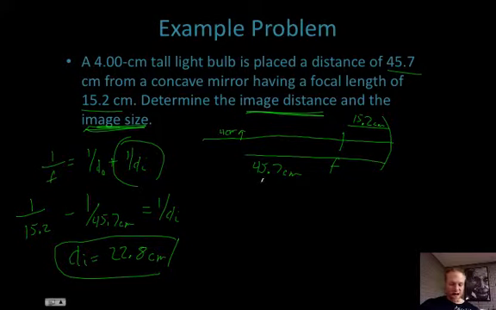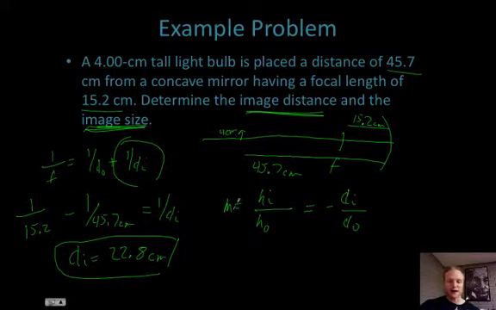Now I want to know how much this image is magnified. What is the image size? We're going to be using the magnification equation. The magnification equals hi, the height of the image, over ho, the height of the object, equal to negative di over do. We don't really care about the magnification per se.